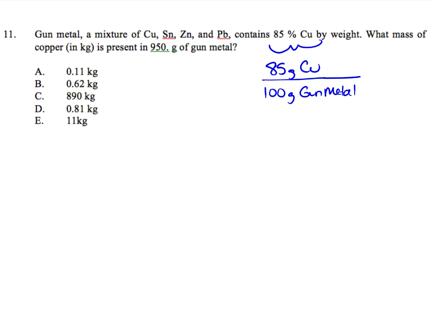So again, this is just a conversion problem, so we'll start with what we're given. We have 950 grams of gunmetal. Okay, now we can use our percent factor as a conversion factor.